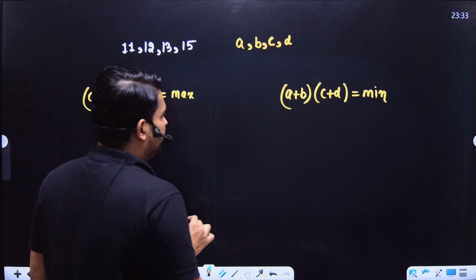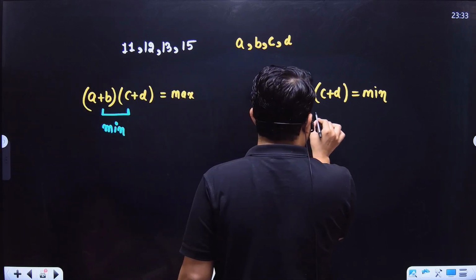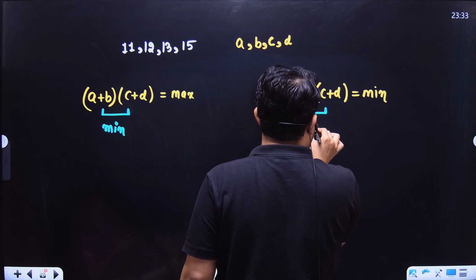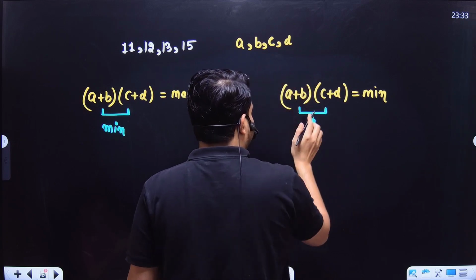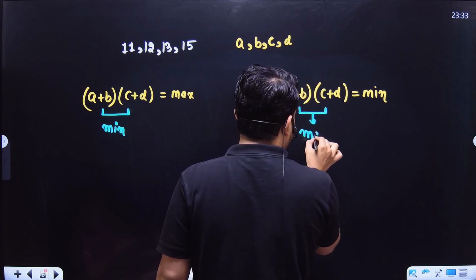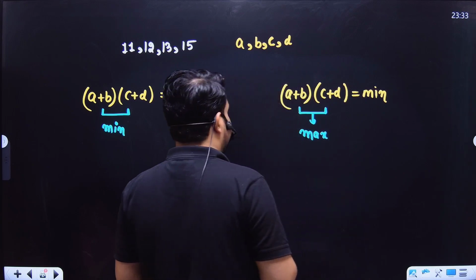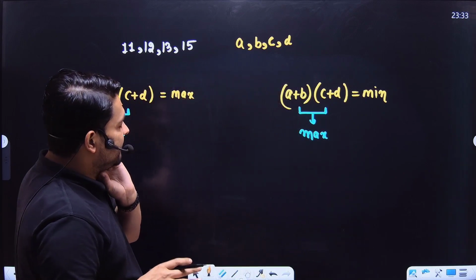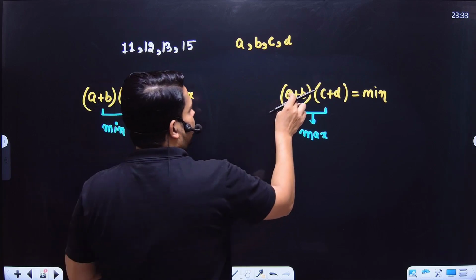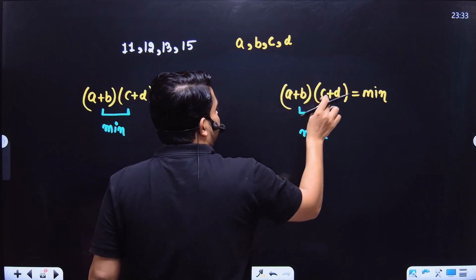And to find the minimum value of this expression, you have to make their difference maximum. So to make this difference maximum, you will put the smallest value here and the greatest value here.